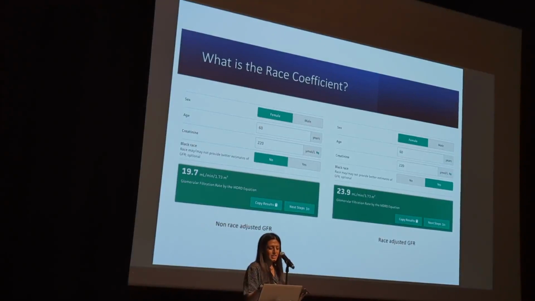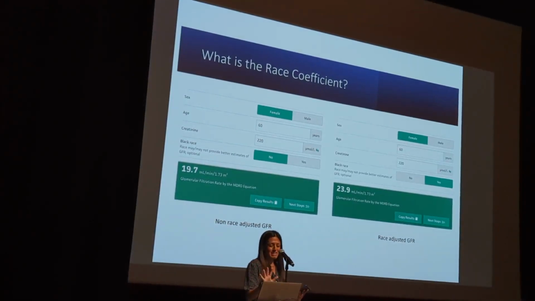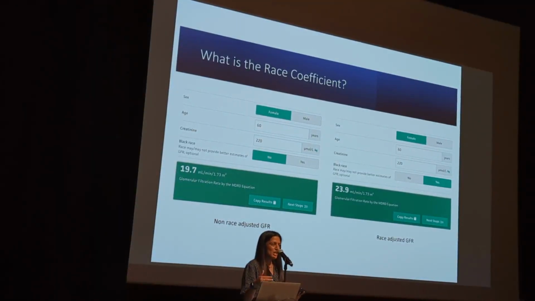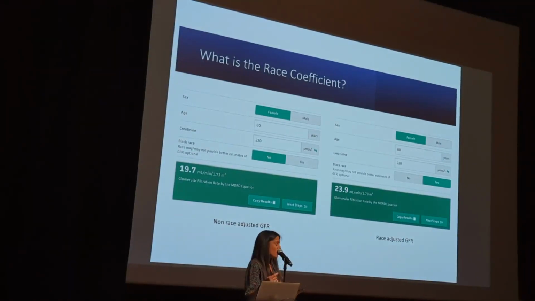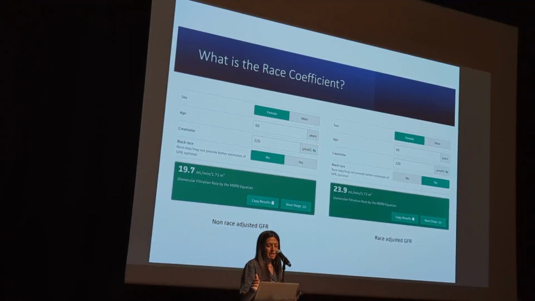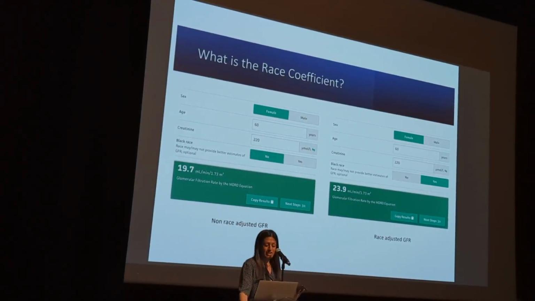And as you can see on the left, I basically selected the same characteristics, so a female, 60 years of age, and with creatinine values of 220 micromoles per litre, remembering that creatinine is what's used to calculate GFR. Now on the left, I selected no for black race, and that gave a GFR of 19.7. And on the right, I selected yes for black race, which gave a GFR of 23.9 millilitres per minute. So this is the race coefficient live in action.